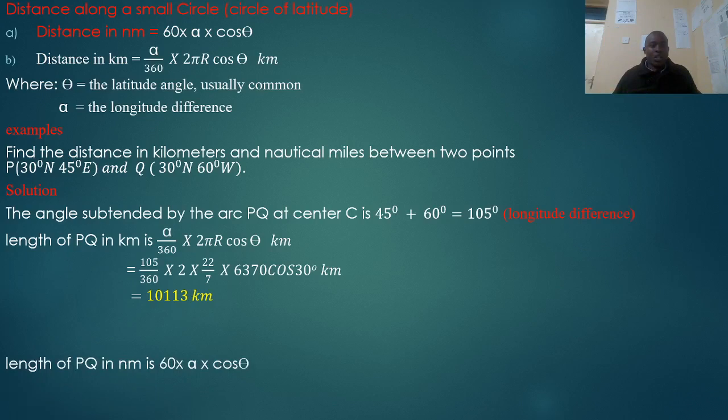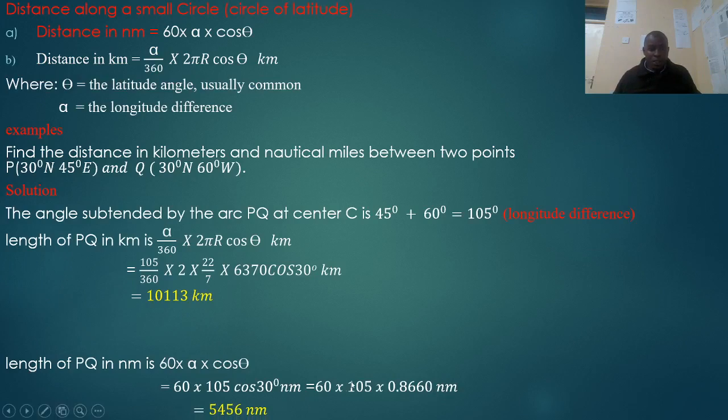And the length PQ in nautical miles is just 60 times alpha times cos of theta, which is 60 times 105 times cos 30, and cos 30 is 0.8660, which gives you 5,456 nautical miles. So that is how we calculate the distance both in nautical miles and in kilometers.